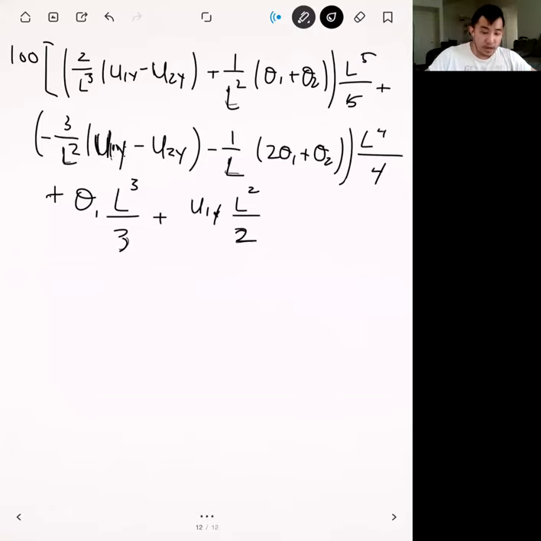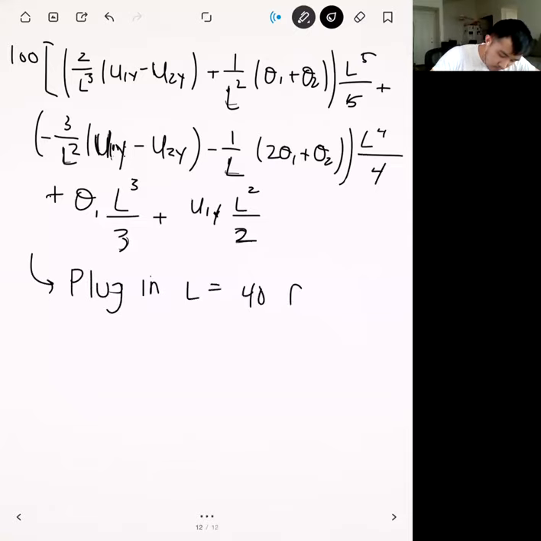At this point, you're going to plug in L is equal to 40 feet, and then distribute the 100, and from there you're going to get expressions for F1y, M1, F2y, and M2.